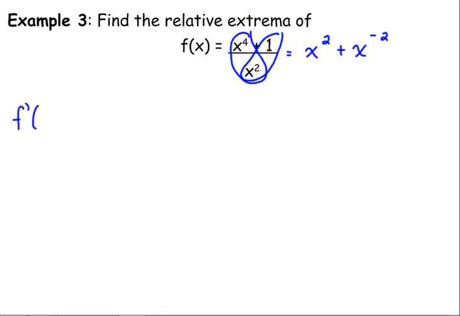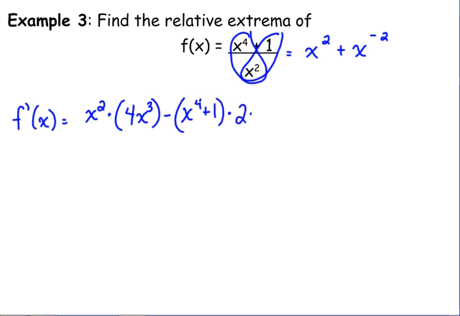So let's do that. F prime of x is equal to low d high minus high d low, all over low squared. So let's simplify things a bit here. We've got 4x to the fifth.